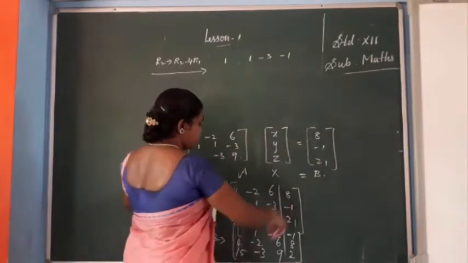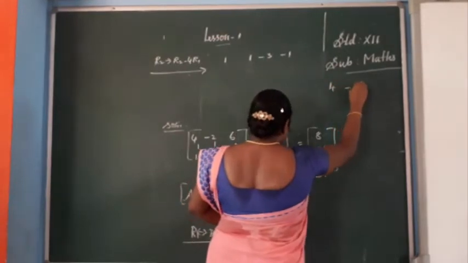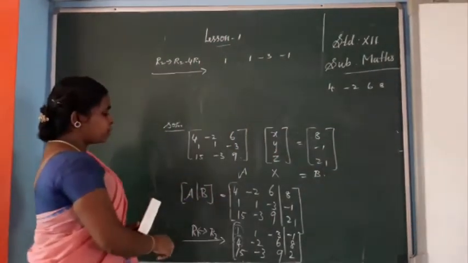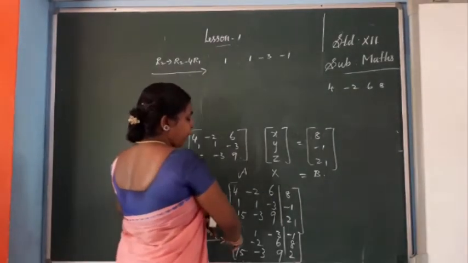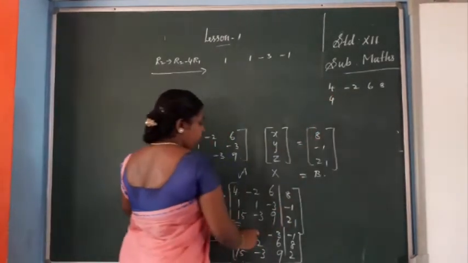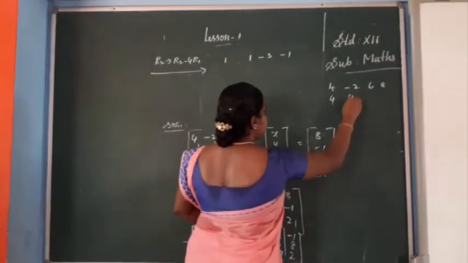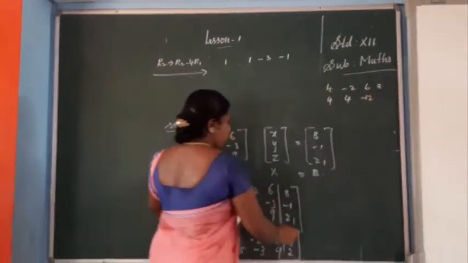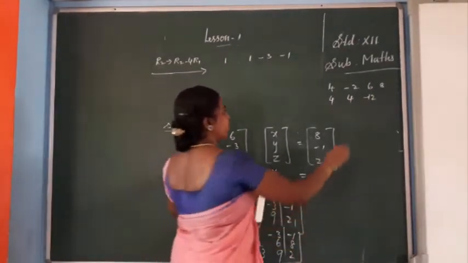So actually R2 is here 4, minus 2, 6, 8. So you multiply R1 by 4. R1 is 1 into 4 is 4, again 1 into 4 is 4, next 4 into minus 3 is minus 12, next 4 into minus 1 is minus 4. Okay.